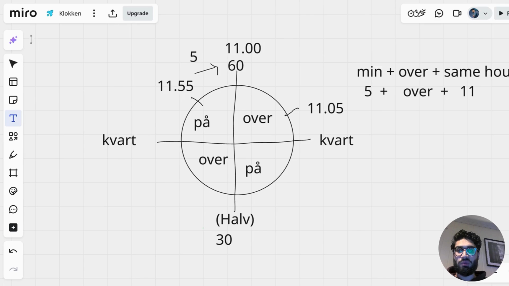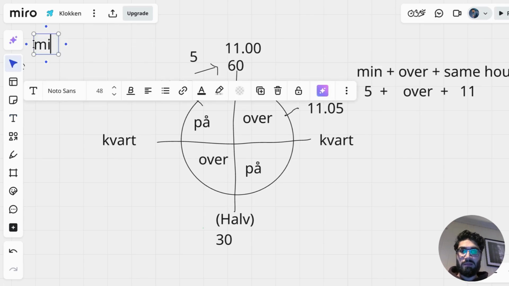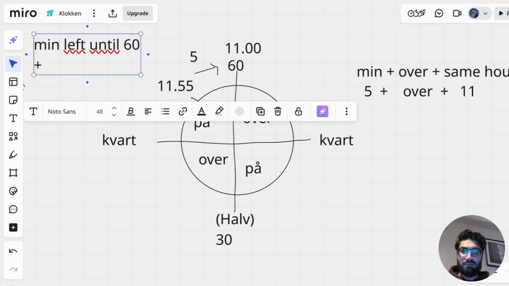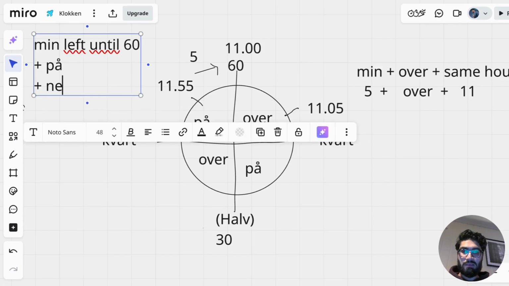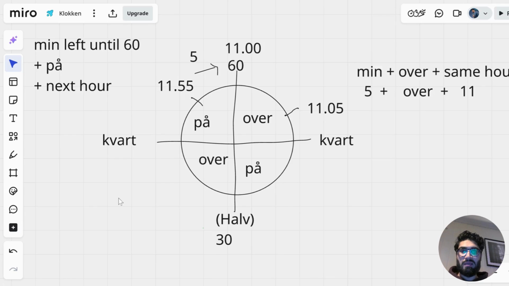So the new rule will be minutes left until 60 plus på plus next hour. It means how many minutes are left until 60? 5. Then we say fem på.